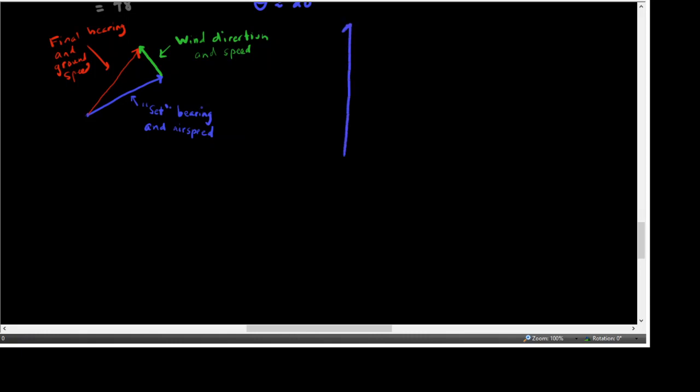So that's supposed to be due north, and it's headed on a bearing of 121 degrees. So we're going to go clockwise. 90 is that far, plus another 31. It's about right there.